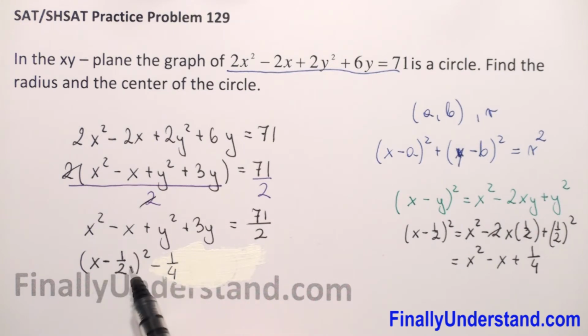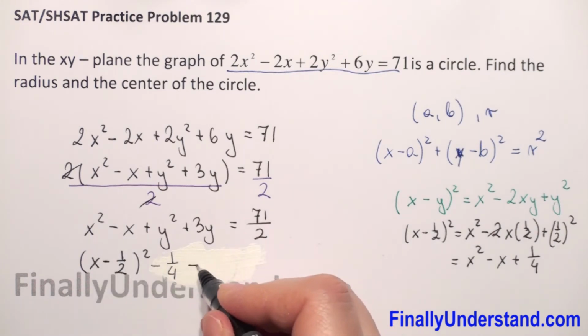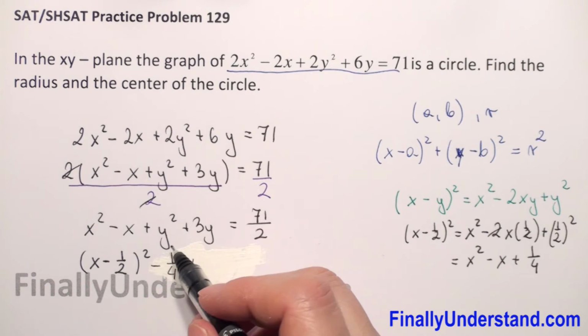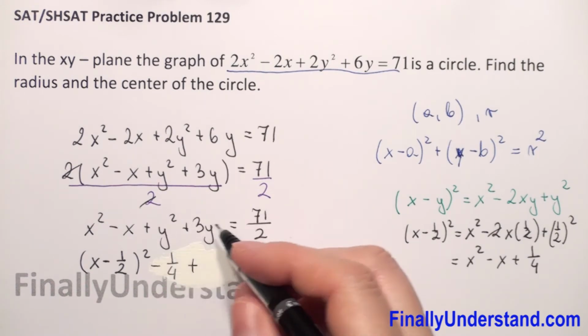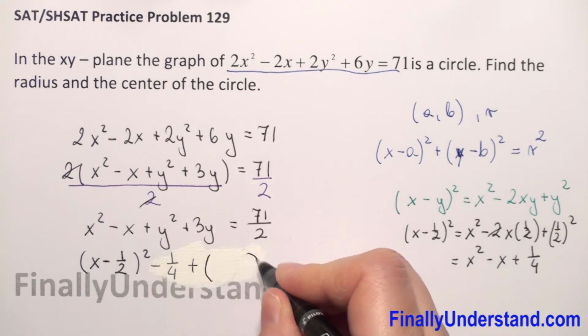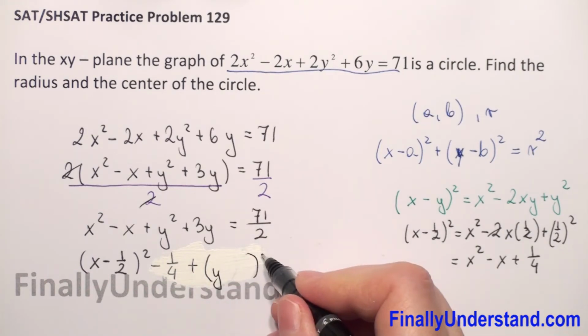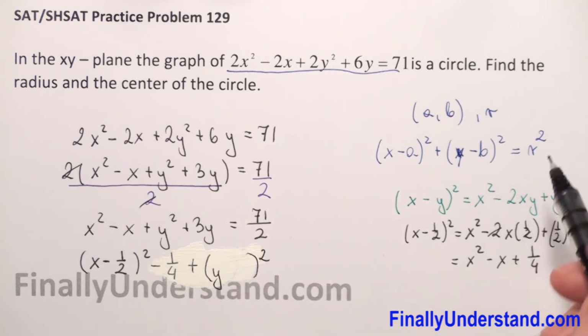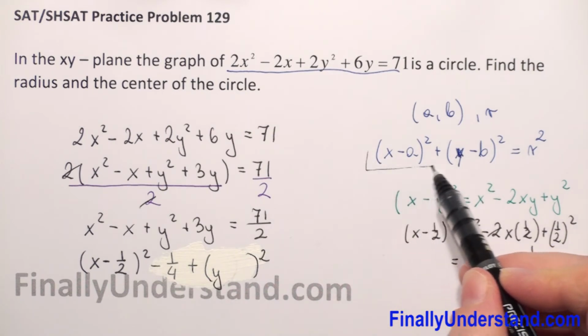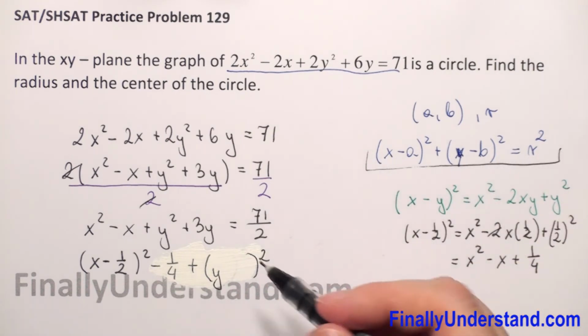So everything is still the same. Plus, and now we have expressions with y. So in parentheses must be y, and outside we have a square. This is the formula which I use.